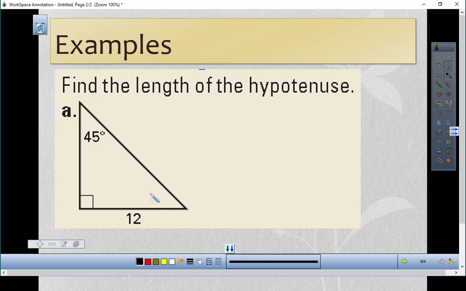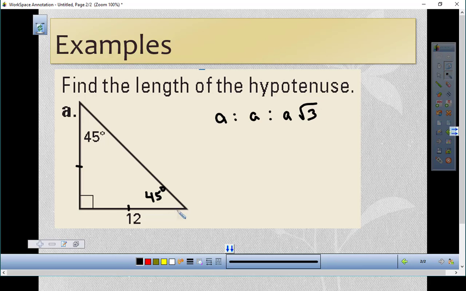We're told that this is 45. So first of all, I know this one's also 45 degrees, and I know then that this is isosceles. I know it's a 45, 45, 90. So the ratios are going to be a, colon, a, colon, a square root 3.